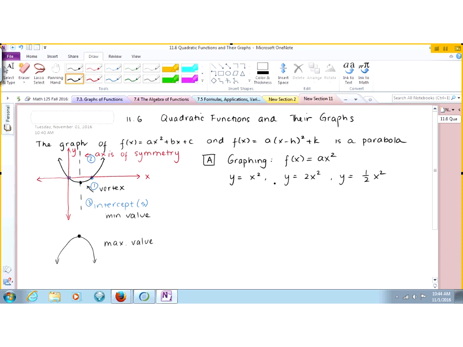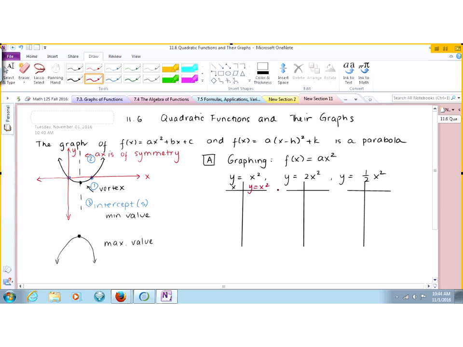How do you think we will graph y equals x squared? Well, we will have a table for each one of them, and we will graph them on one sheet. So x and y equals x squared.